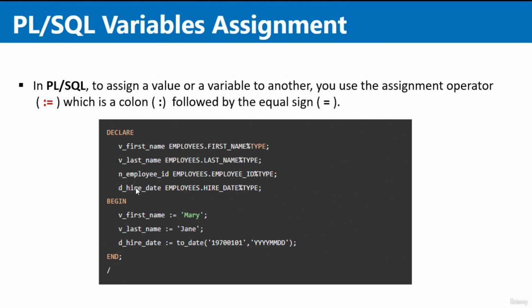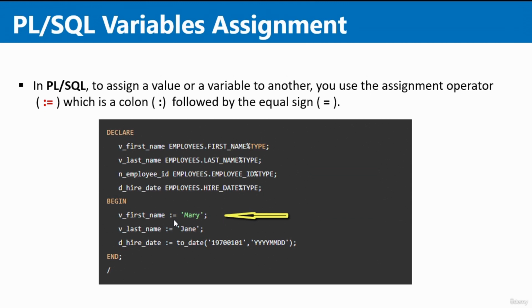In the begin part of the code block is where we actually assign the values. So for example, for this variable called v_first_name, I'm using the assignment operator for variables, which is the colon and then the equals to.